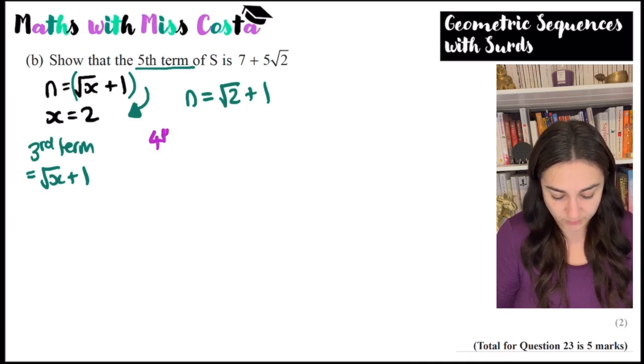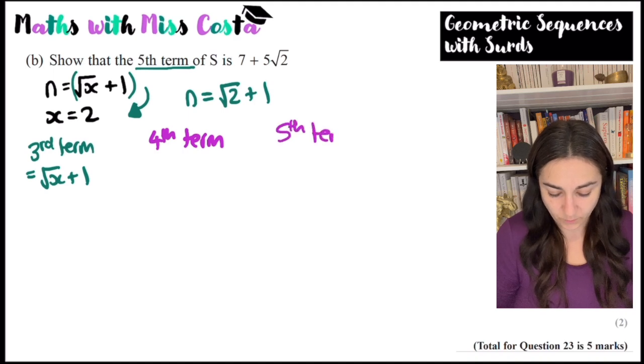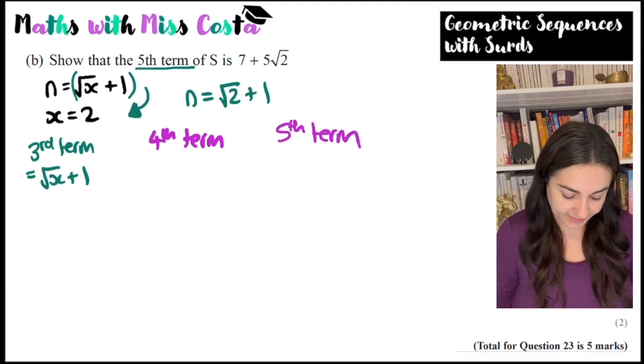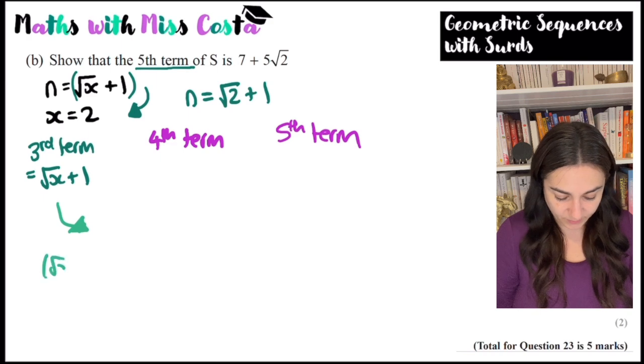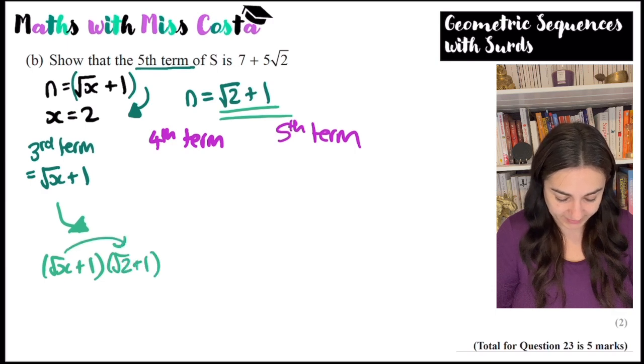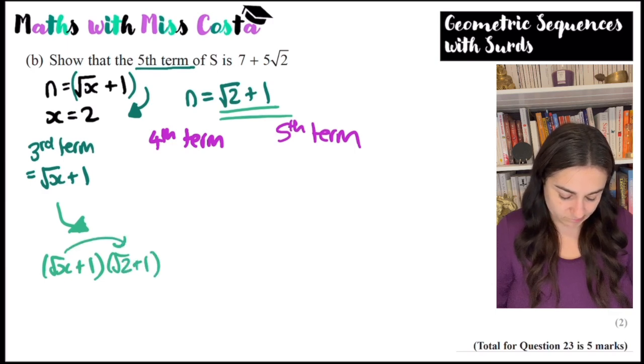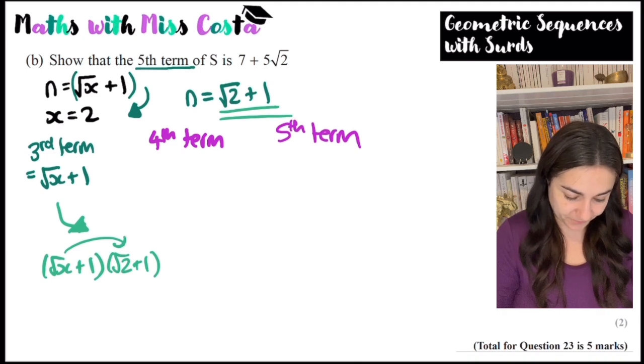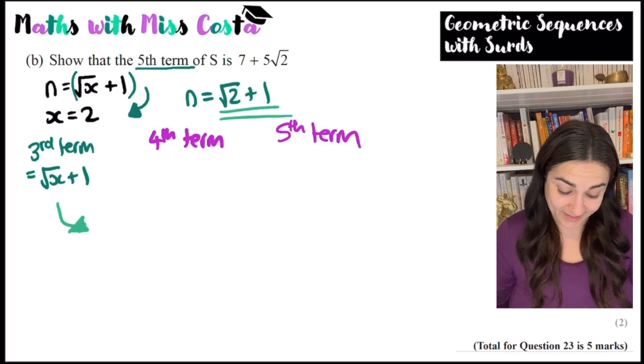How do you get to the fourth term and the fifth term? Well, what I'm going to need to do is multiply this, root x plus 1, by my multiplier. So that would be root 2 plus 1. So I can expand the brackets. Actually, sorry, we could do something else.